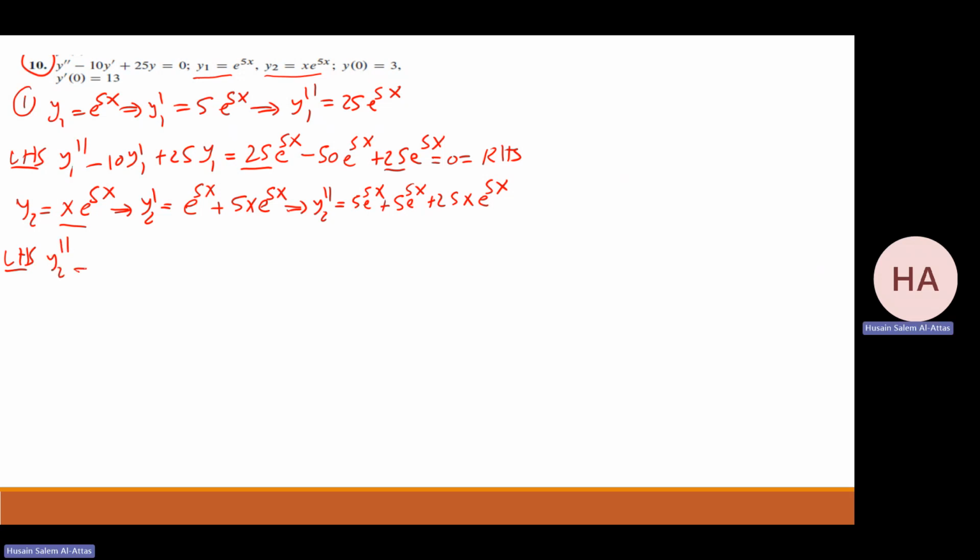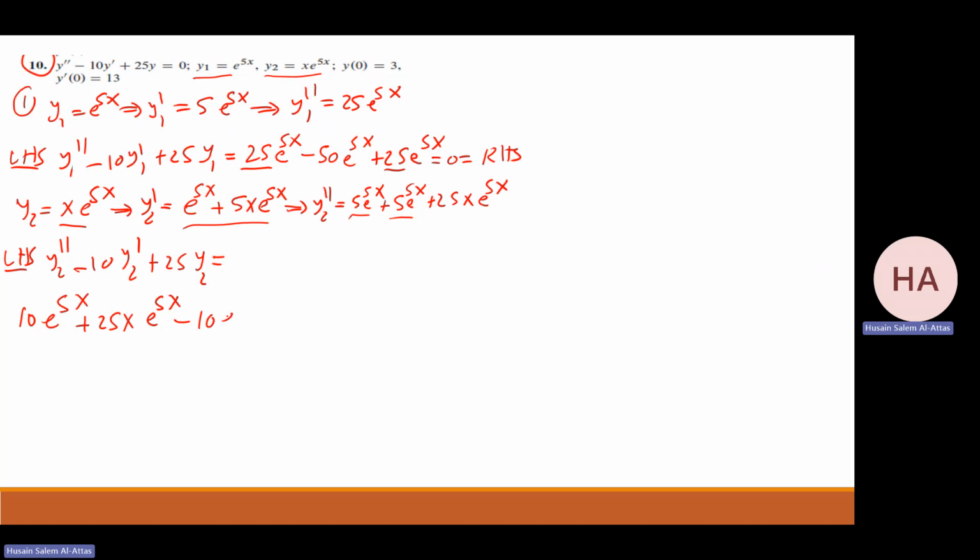y2 double prime minus 10 y2 prime plus 25 y2. Now I need to plug these functions. I have 5 plus 5, that will be 10 e to the power 5x plus 25x e to the power 5x. Now minus 10 times this.